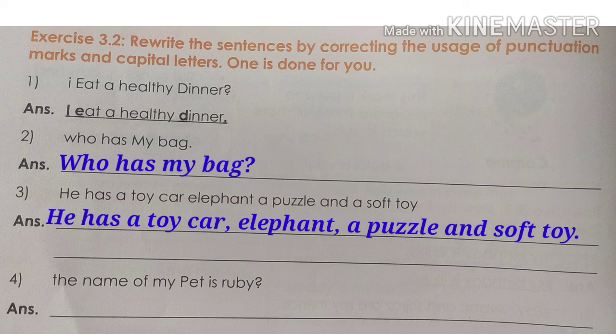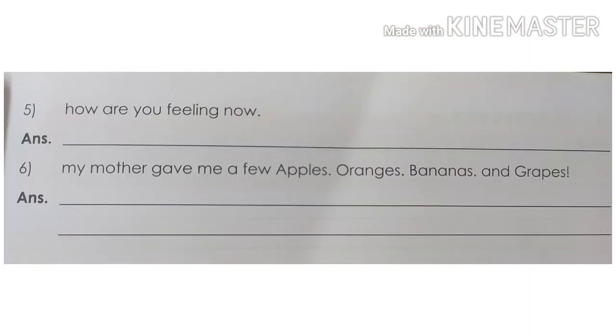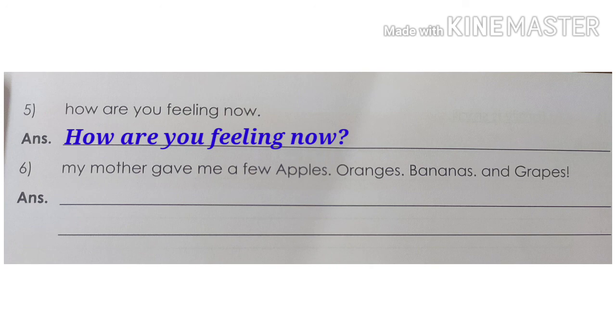Then the fourth sentence: the name of my pet is Ruby. So we have to write here: The name of my pet is Ruby. Like that, okay? Then the next sentence is: how are you feeling now. So we have to write here: How are you feeling now? with a question mark because this is a question.